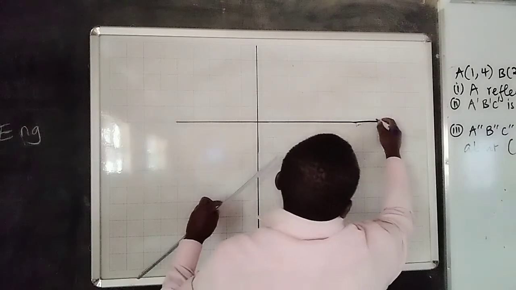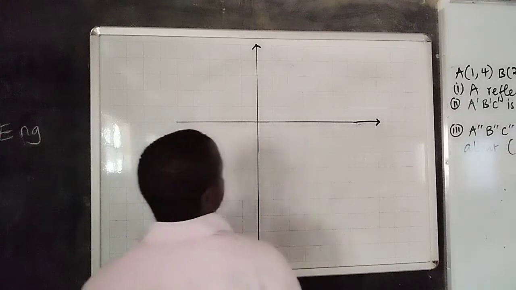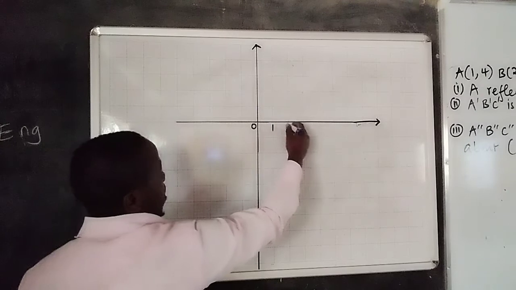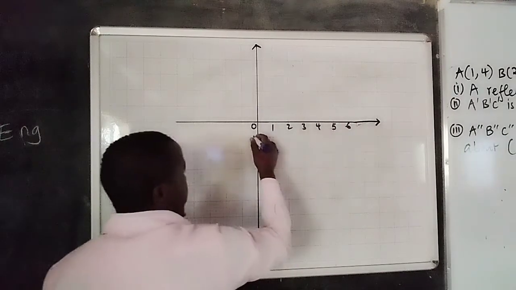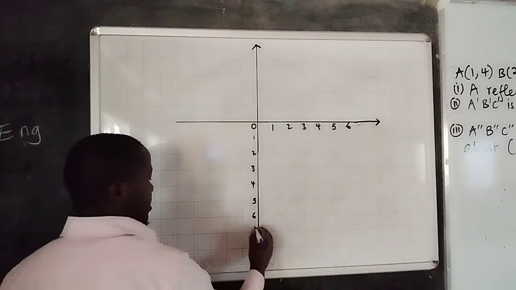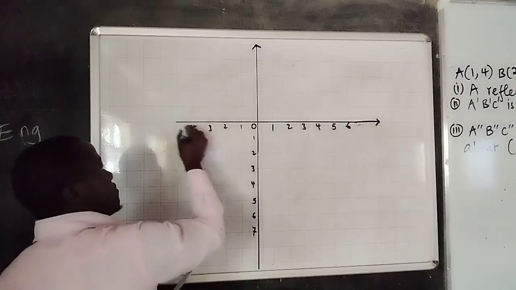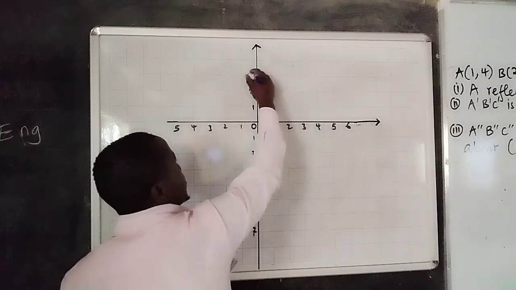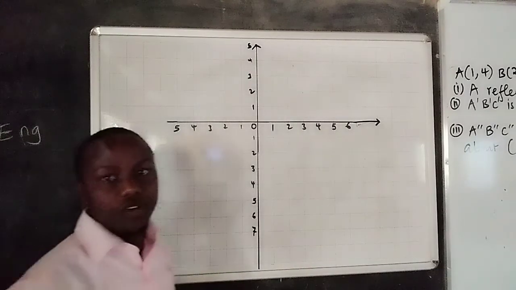It's what we call successive transformations. When you hear successive transformations, we mean this kind of operations. So 0, 1, 2, 3, 4, 5, negative 1, 2, 3, 4, 5, 6, and going upwards 1, 2, 3, 4, 5.